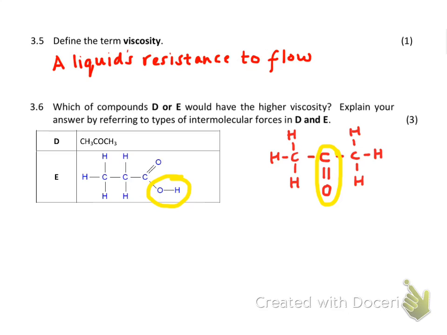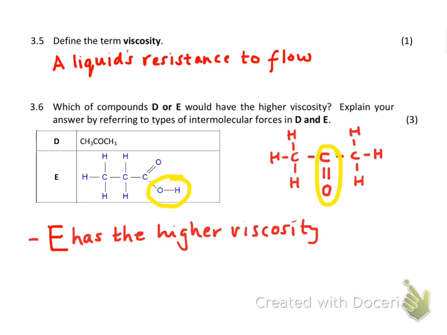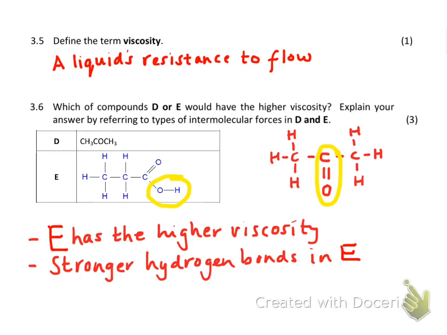So the correct answer here is that compound E has the higher viscosity, and the reason is that E has stronger hydrogen bonds than D, which has weaker dipole-dipole forces.